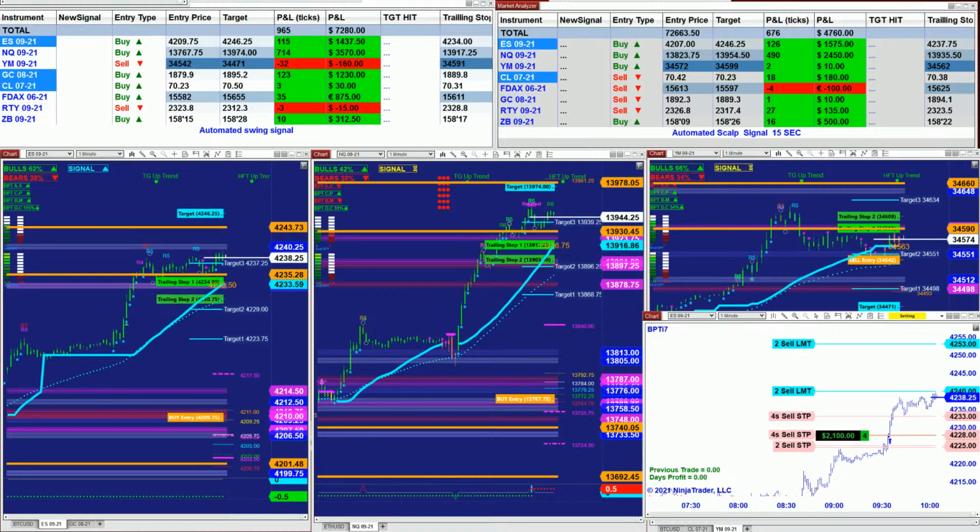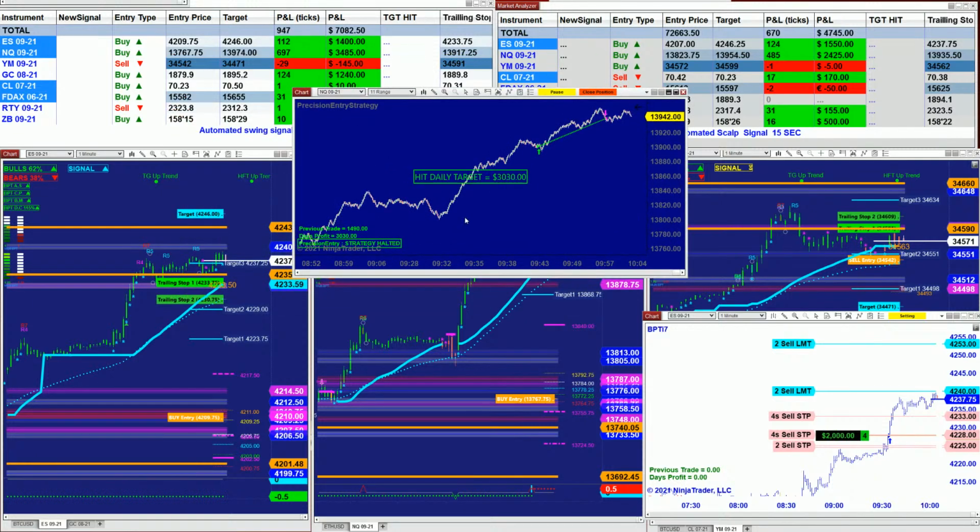In a second, we start reading the market to see which direction it is going. On the precision auto trade, it also already hit the target within minutes. This one took it right after 9:30 on the Nasdaq, and it closed.